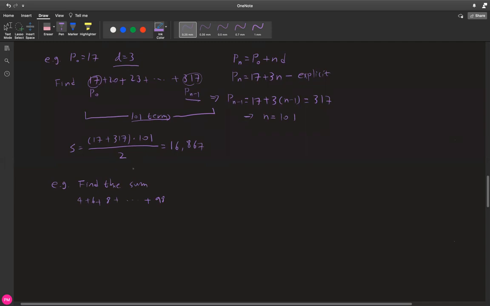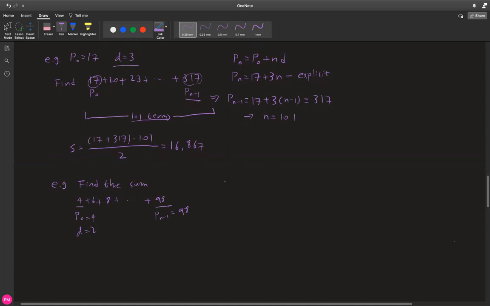So here, you're not even given the common difference, but knowing that this is an arithmetic sequence and that the first term is 4, we can simply conclude that p sub 0 is 4 and the common difference is 2, because we're going up by increments of 2. And we also know that p sub n minus 1 is actually 98. So now we actually have all the information that we had from the previous example.